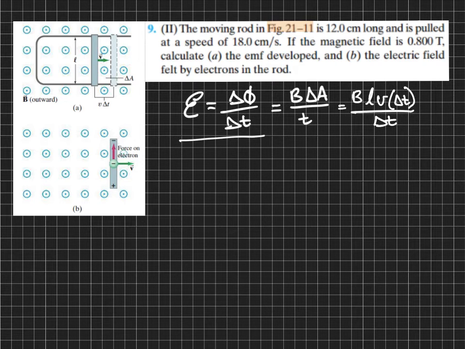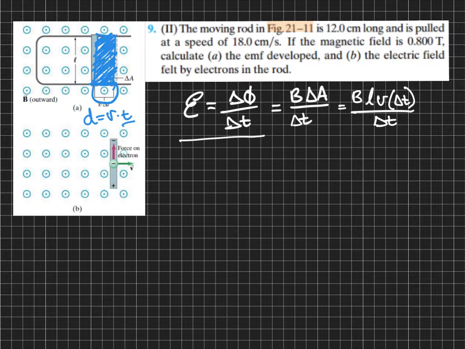all over time. We can say that because, remember, distance equals velocity times time when moving at a constant velocity. In this case, we have a constant velocity, so this length here is my velocity times the time. The area which is changing is this area right here.